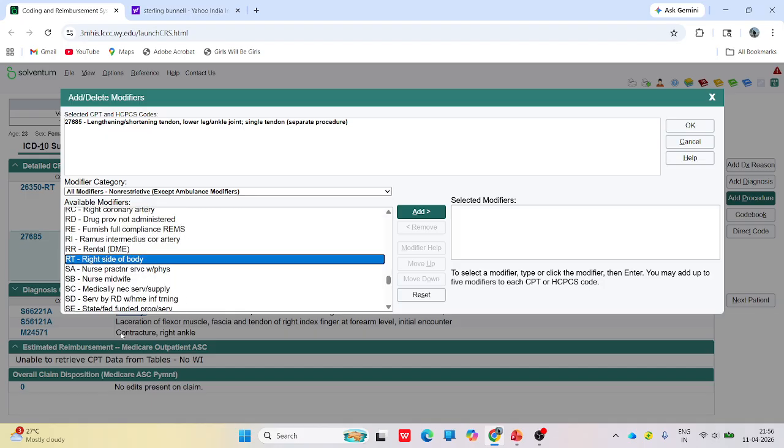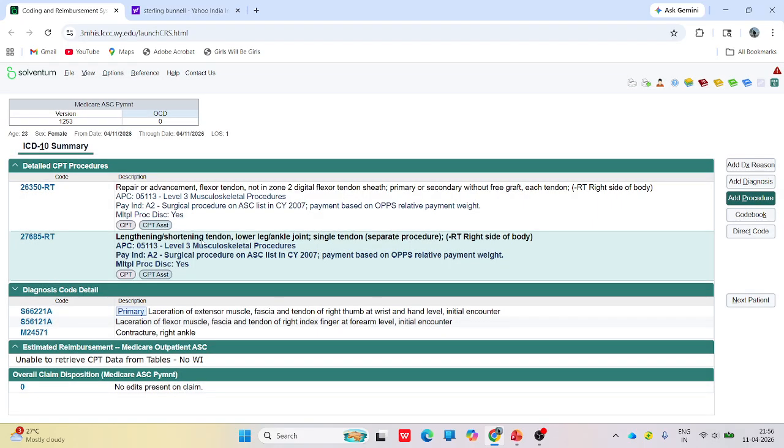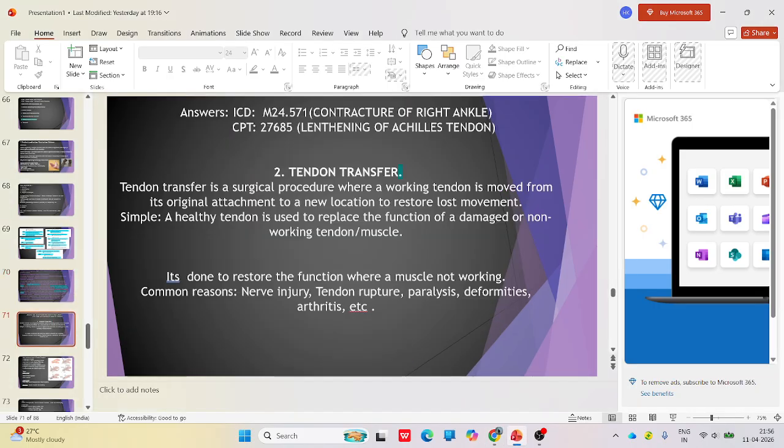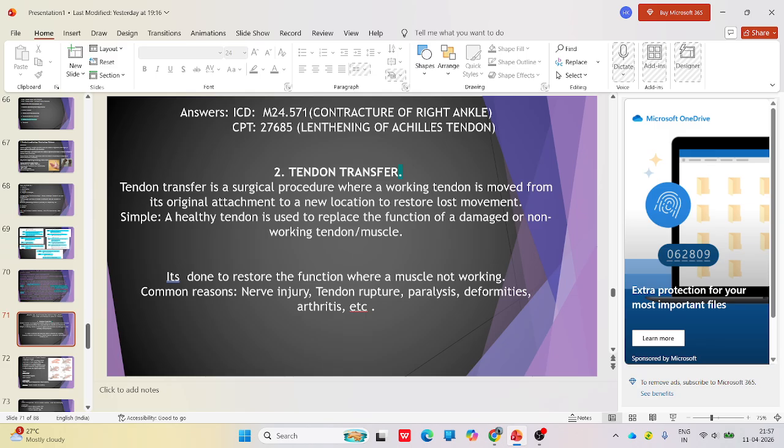So this one is the lengthening or shortening of a tendon, lower leg, single tendon. So this is the navigation of the tendon procedure, shortening. Now we'll see the next procedure, that is a tendon transfer.